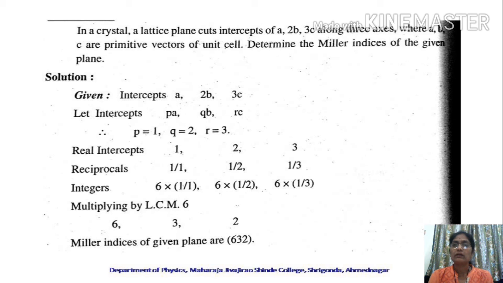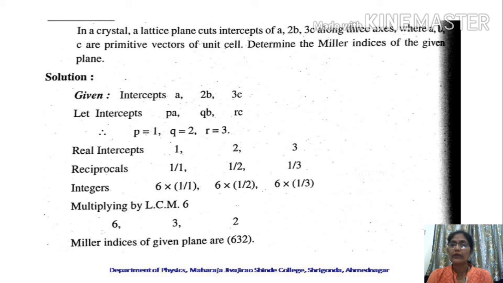In a crystal, a lattice plane cuts intercepts of a, twice b, thrice c along 3 axes. It means that given plane cuts the axis at a, twice b and thrice c, where a, b, c are primitive vectors of unit cell. Determine the Miller index of a given plane.